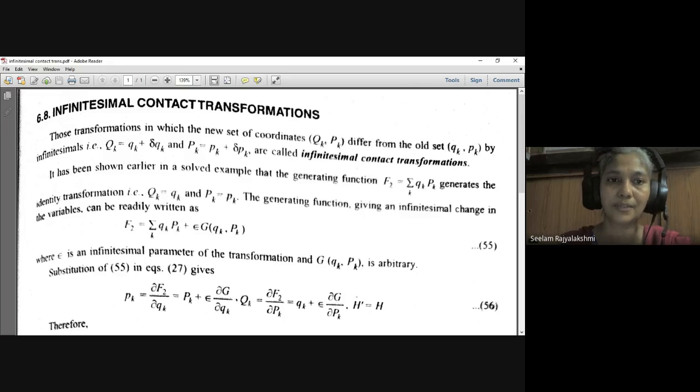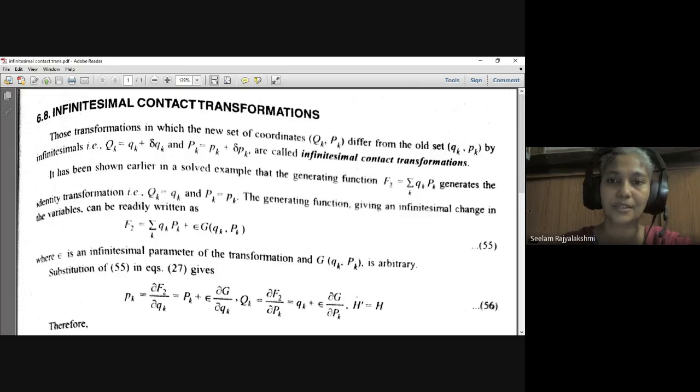It has been shown earlier in the solved examples that the generating function F2 equals sigma k qk Pk generates the identity transformation, that is capital Qk equals small qk and capital Pk equals small pk.